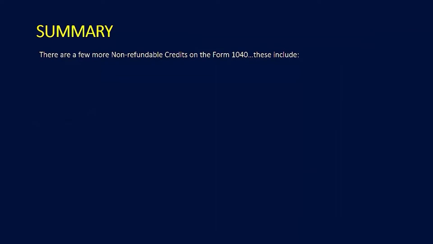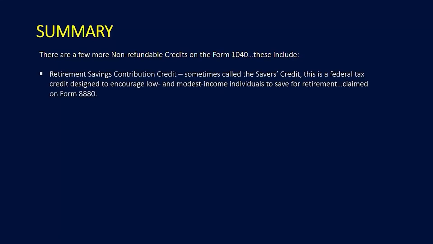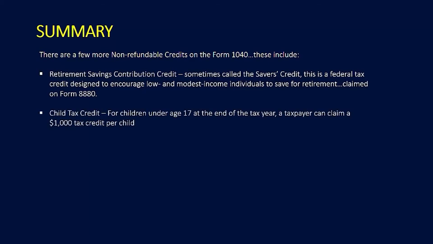In summary, there are a few more non-refundable credits on the Form 1040. These include the Retirement Savings Contribution Credit, sometimes called the Savers Credit. This is a federal tax credit designed to encourage low and modest income individuals to save for retirement. This credit is claimed on Form 8880. The Child Tax Credit.